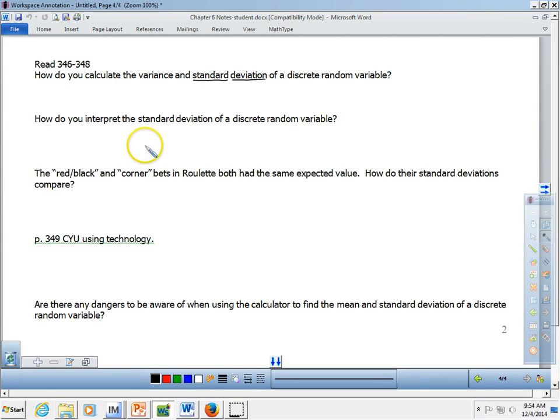Well, it's a lot like calculating variance and standard deviation for just a regular variable. If I take a sample of students and measure their height, how do you find the standard deviation? Well, you take each student's height, subtract the mean from it, square that difference, and do that for each student, and then divide it by that n-1 average.